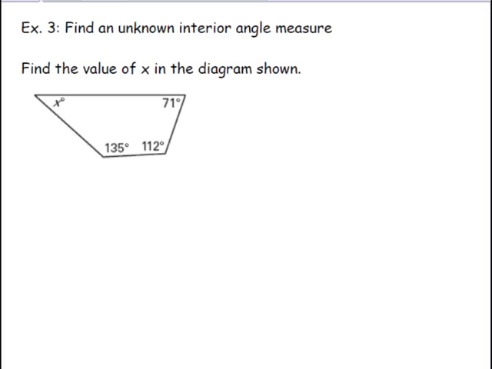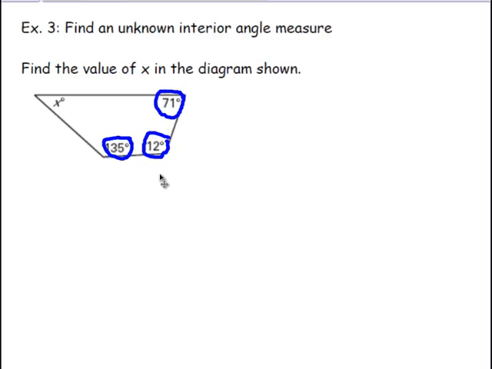Okay, example 3. I want to find an unknown interior angle measure. So find the value of x in the diagram shown. Well, first of all, I need to figure out how many degrees is my polygon. If I didn't know that a quadrilateral was already 360 degrees, I could use the n minus 2 times 180 and get the degrees in this polygon. But because I already know a quadrilateral is 360 degrees, I have that to work with. First, I'm going to take my 3 angles that I know.